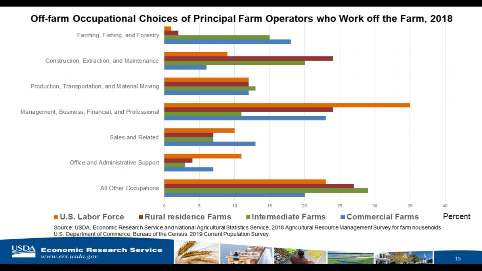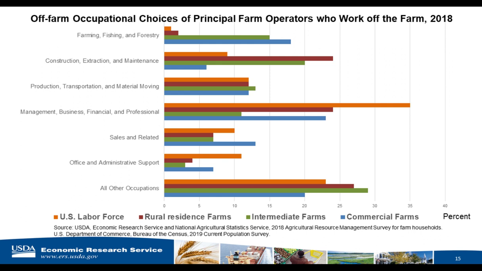So the occupations of farm operators who work off the farm differ from those of the general U.S. workforce. Among operators of commercial and intermediate farms who also hold an off-farm job, 15 to 18% are working in farming, fishery, or forestry occupations, compared to about 1% of the U.S. workforce.